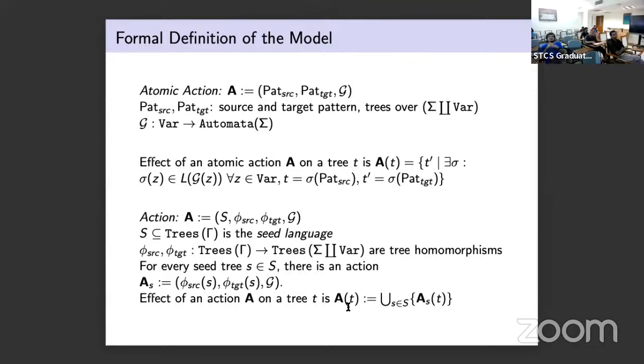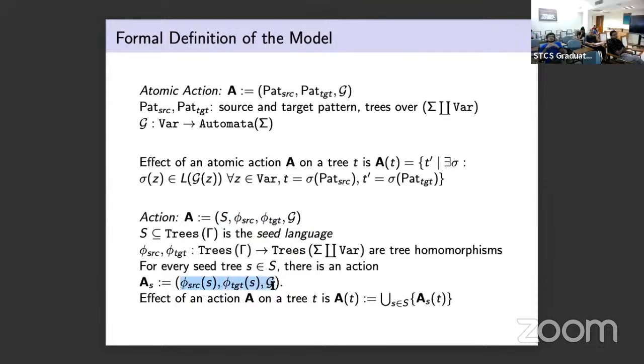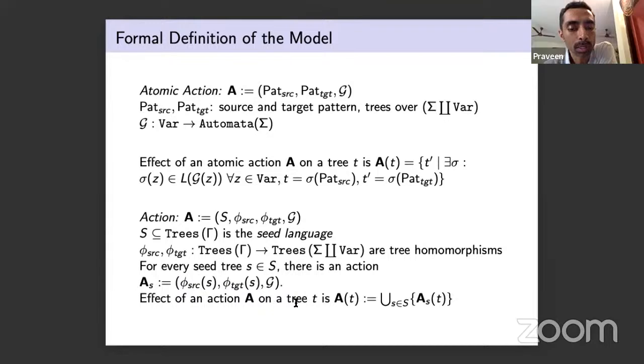Yeah, okay, is it clear? So informally, we are just collecting all the source pattern, target pattern pairs that we are able to get from the seed language. And then we compute the individual atomic actions that are defined, and we collect the effect of all the atomic actions.